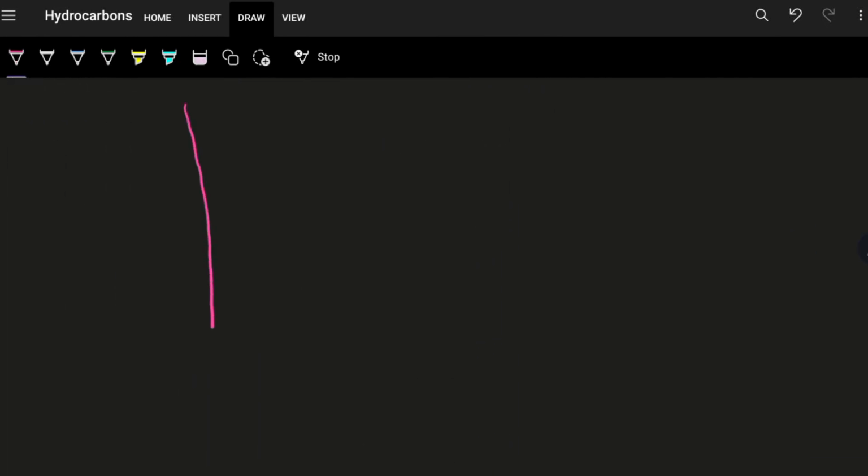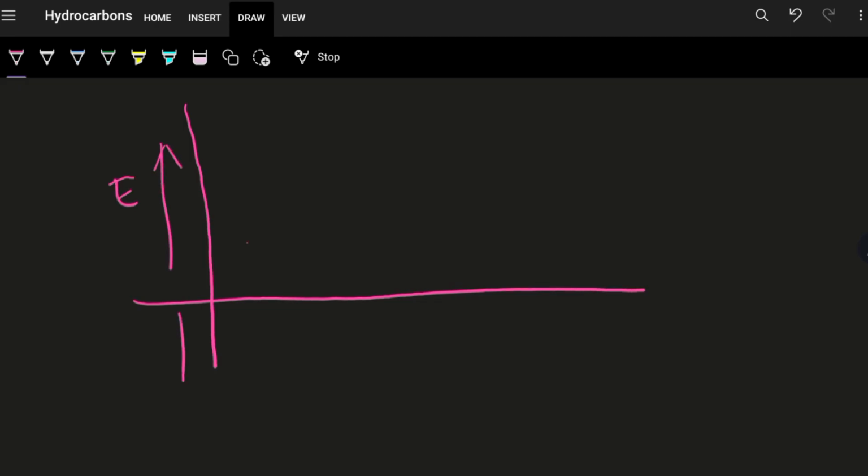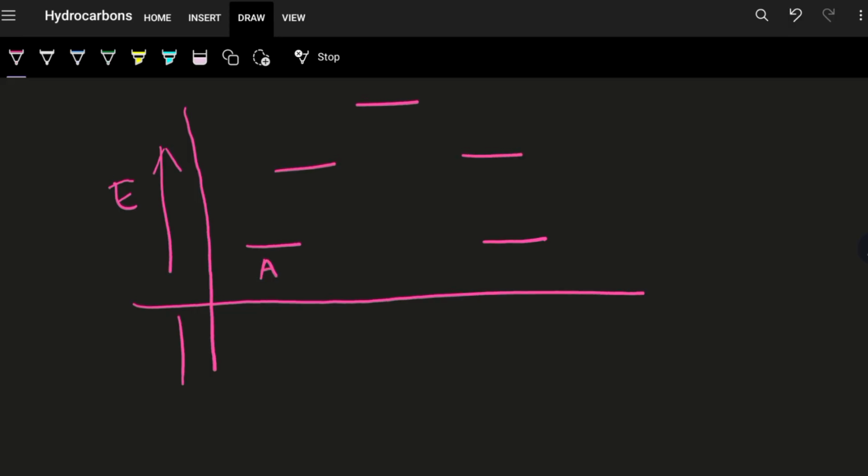Now, if I want to show you energetically, this is the energy profile and these are the conformations. These are the energies of the conformers: A, B, C, D and E. Which is what conformer?